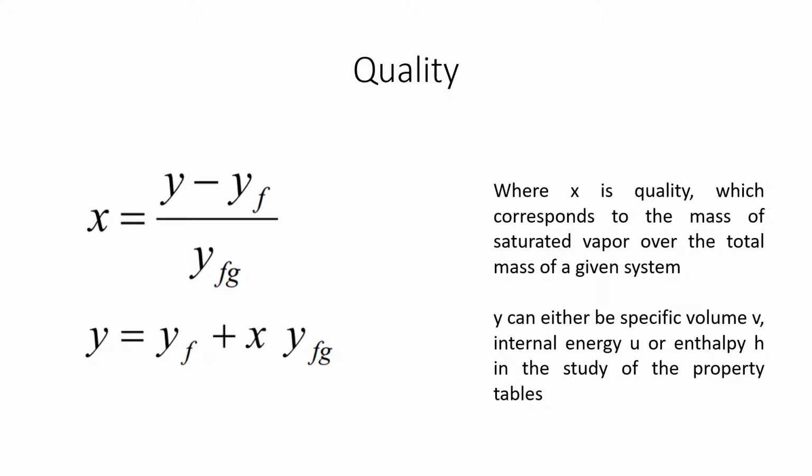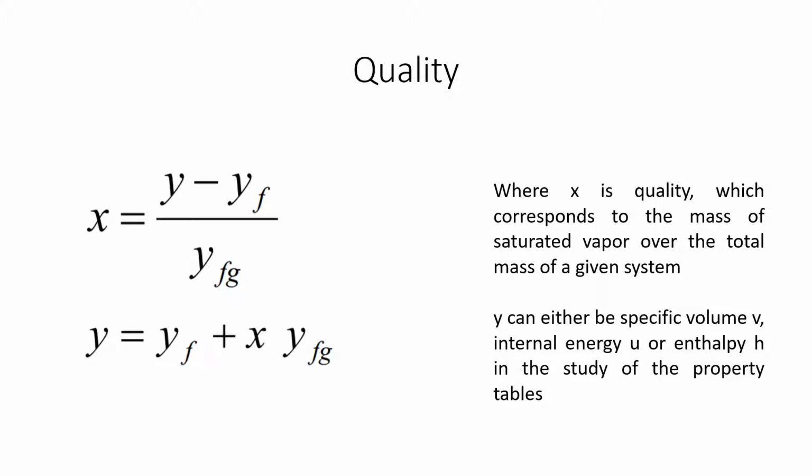The subindex f represents the variable observed at the saturated liquid point, and the subindex fg refers to the difference between the variable at the saturated vapor point minus the saturated liquid point. And the y with no subindex refers to the variable observed at the current phase.